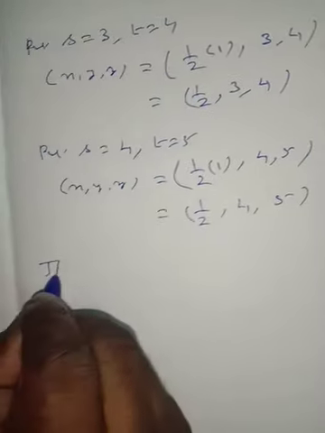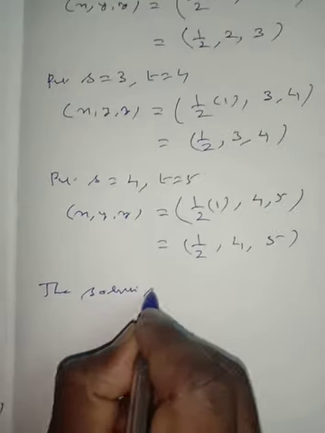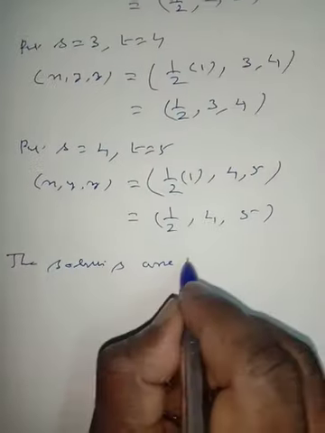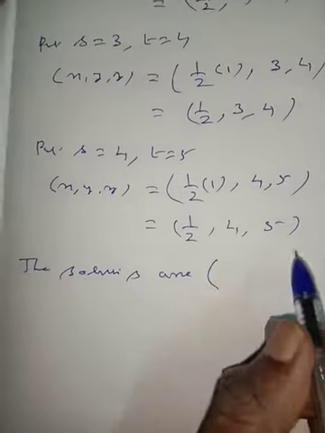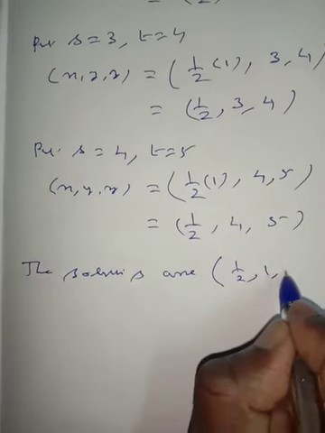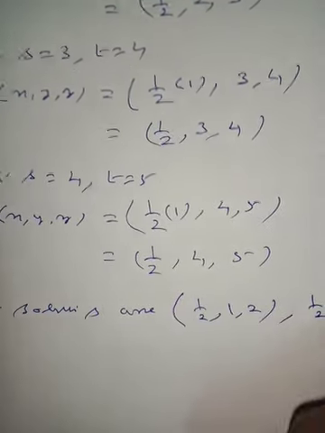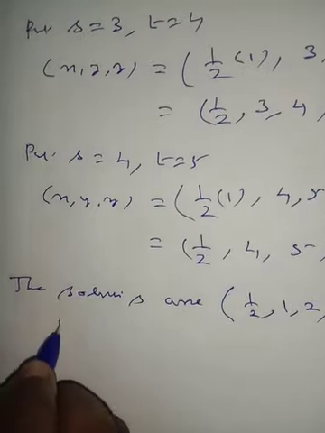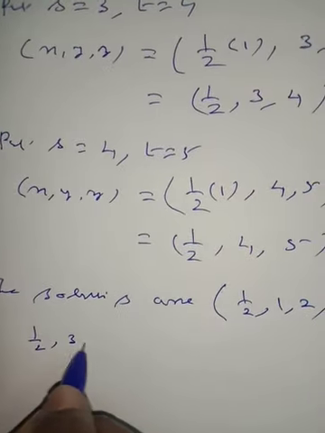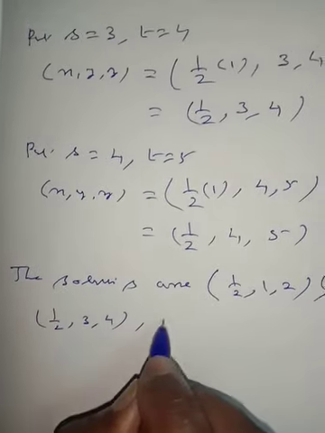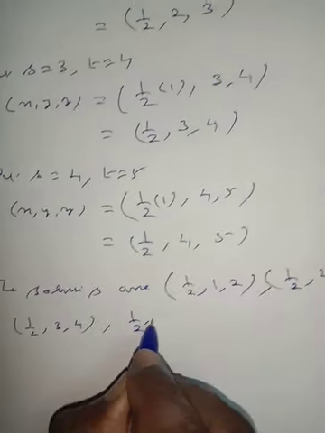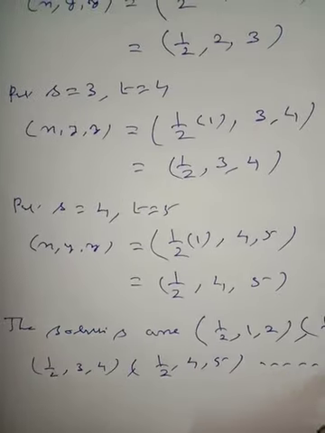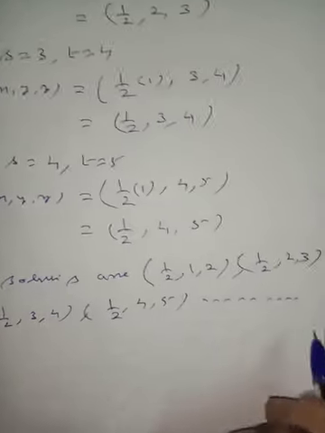The solutions are: number 1, 1 by 2, comma 1, comma 2; next 1 by 2, comma 2, comma 3; next 1 by 2, 3, comma 4; next 1 by 2, 4, comma 5, and so on.